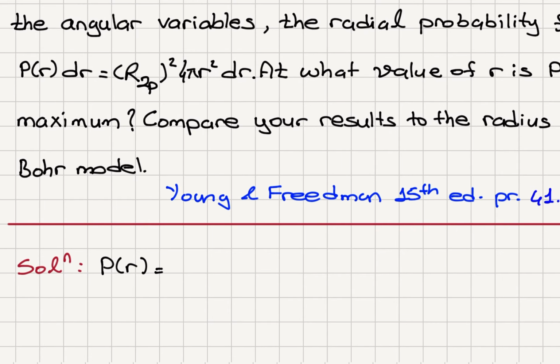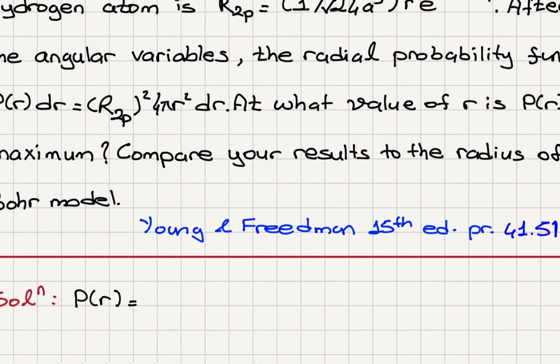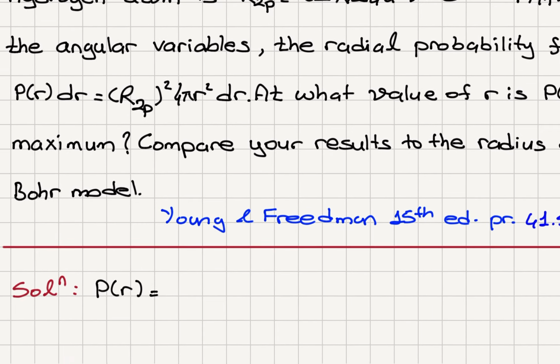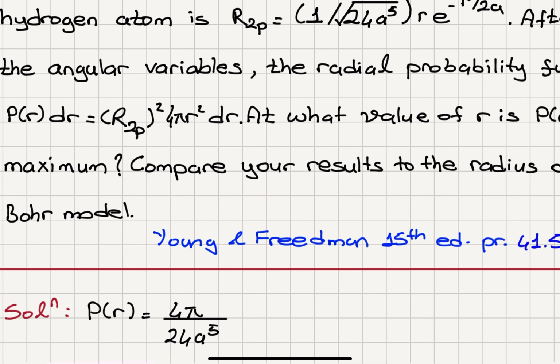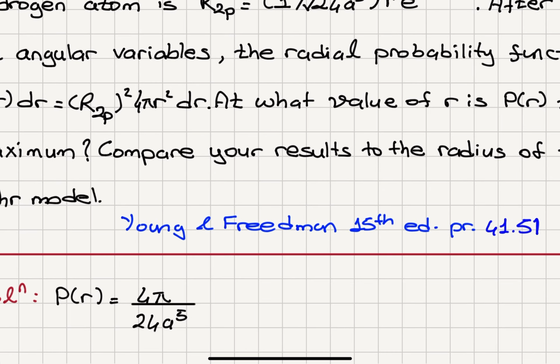So you can see here, this is 4 pi divided by 24 a to the fifth power, and we have r squared multiplied by r squared, r to the fourth power, e to the minus r divided by the Bohr radius a.